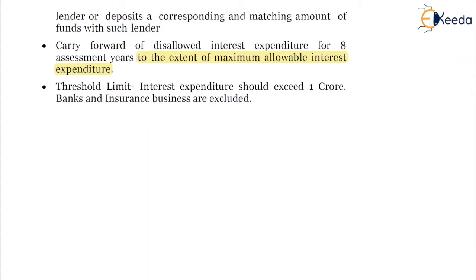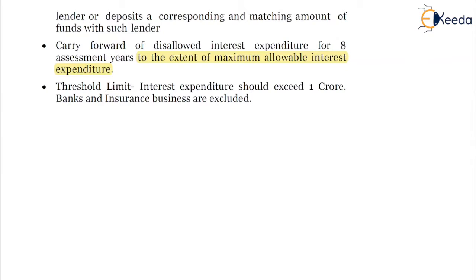Right? So effectively, if we see the 30 of previous year 1920, and in the previous year 2021 also there is an excess of 30 amount, it is not that the 30 is bound to be allowed. It will be limited to the maximum allowable interest expenditure.